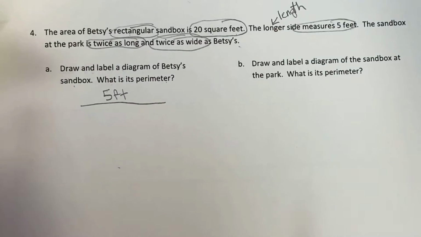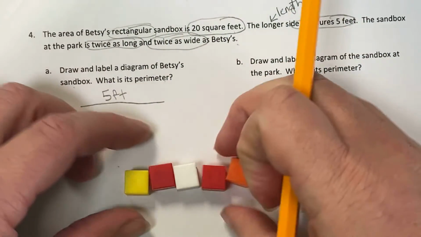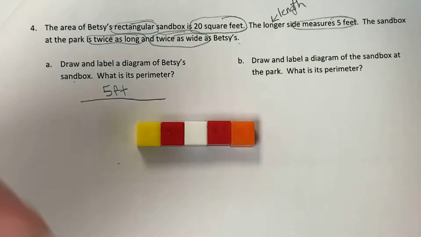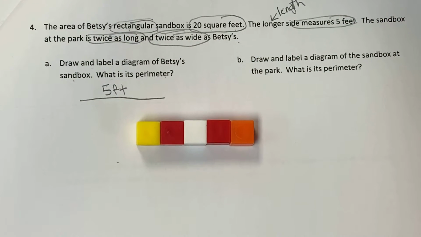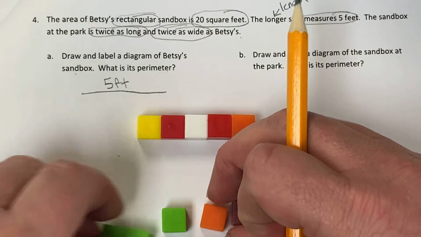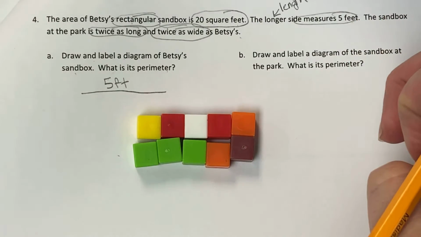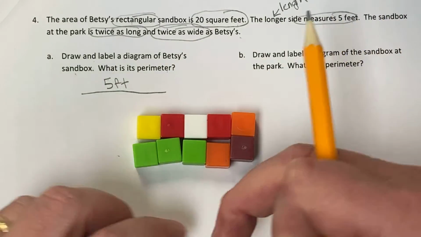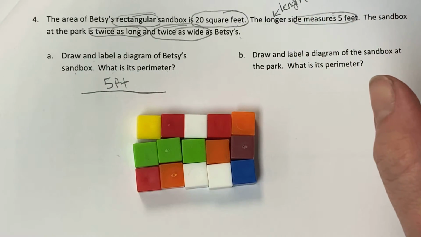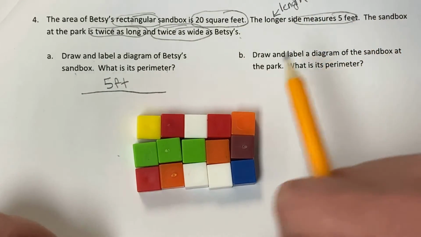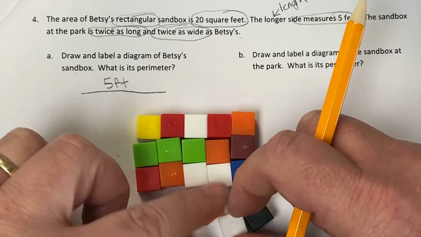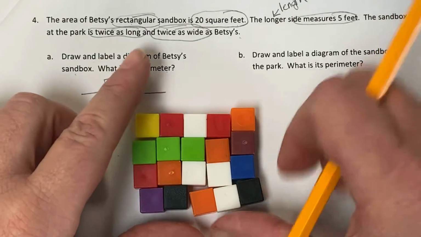So if I have 5 in my length, and this is Miss Aycraft trying to make reason out of it, if I put 5 more on my length, I would have 10. If I put 5 more, I would have 15. And if I put 5 more, I would have 20.